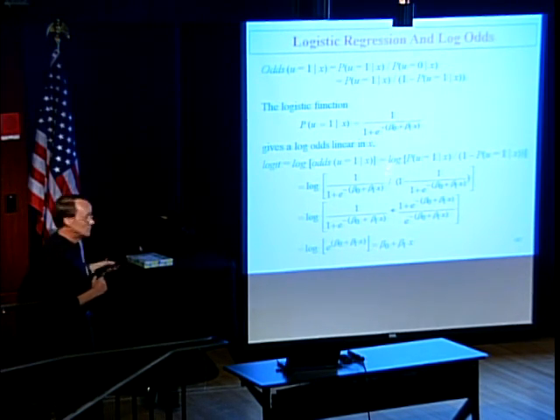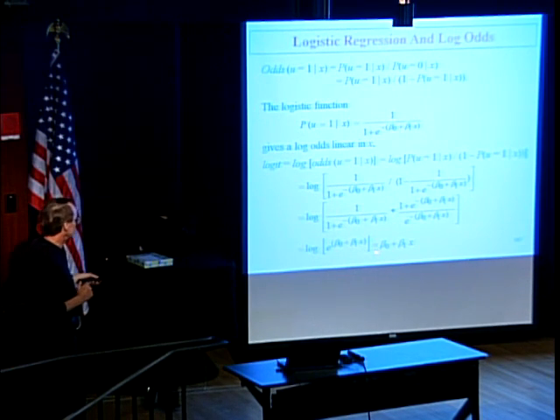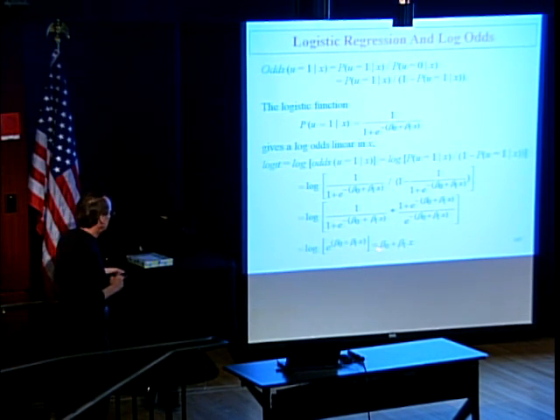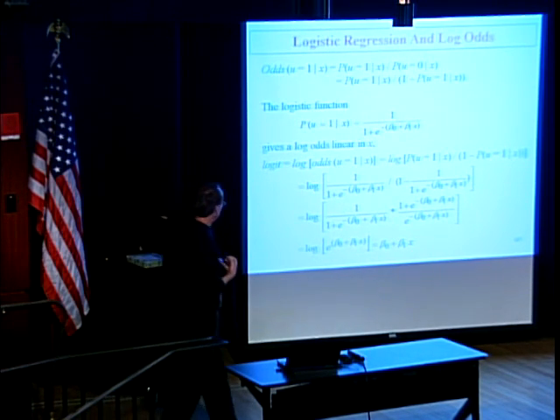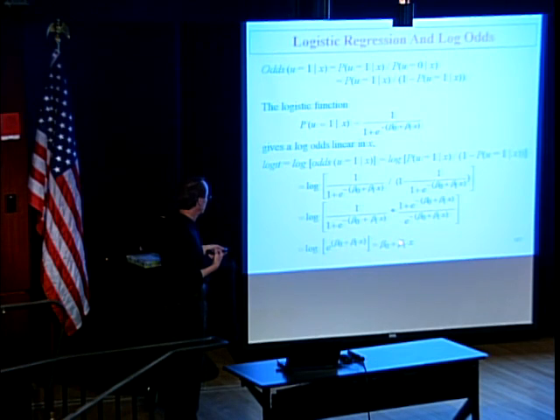So these steps you can do tonight before you go to bed. As x increases 1 unit, the logit, the log of the odds, increases by beta 1.